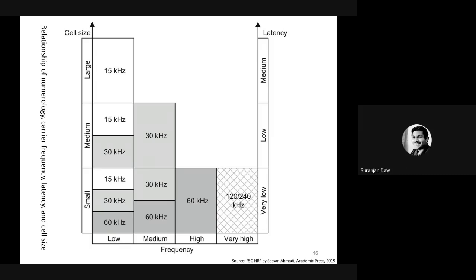So this frequency is the carrier frequency or this axis? This is the channel, carrier frequency. See, these are the ones that are used for millimeter wave, right? And this could be less than 1 gigahertz, this could be up to 3 gig, and this is up to, let's say, 6 gig.